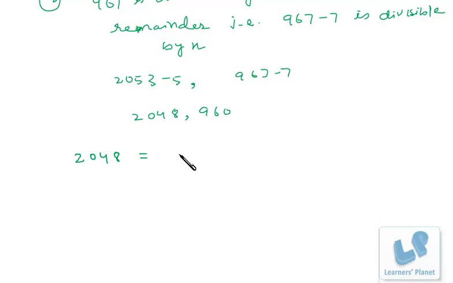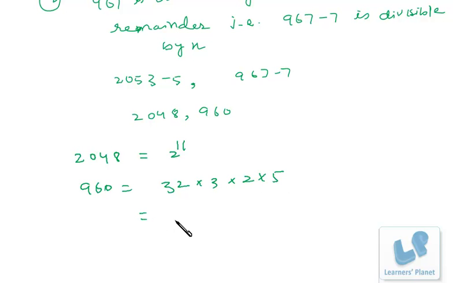So 2048 is actually 2 raised to 10 is 1024, so it's 2 raised to 11, right? And 960 is equal to 32 into 3, that is 96, 96 into 10, right?